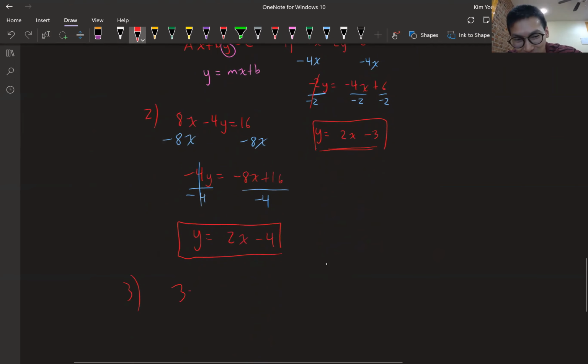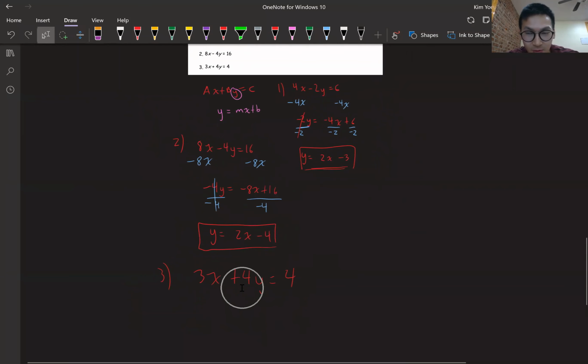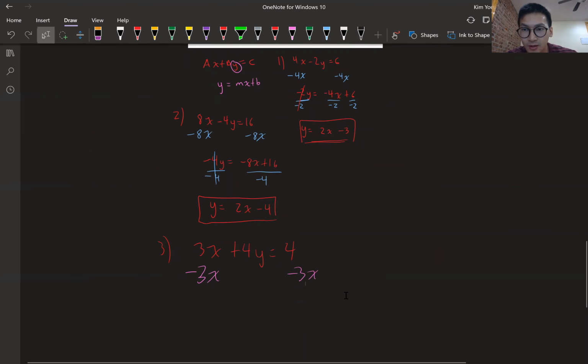Cool. All right, so 3x plus 4y is equal to 4. This is the case I was talking about, which is easier because it has plus. So here you're going to subtract 3x on both sides. You remember, you could say 4 minus 3x, but we're going to say negative 3x plus 4 because it's more convenient, and we're going to have to do that anyway.